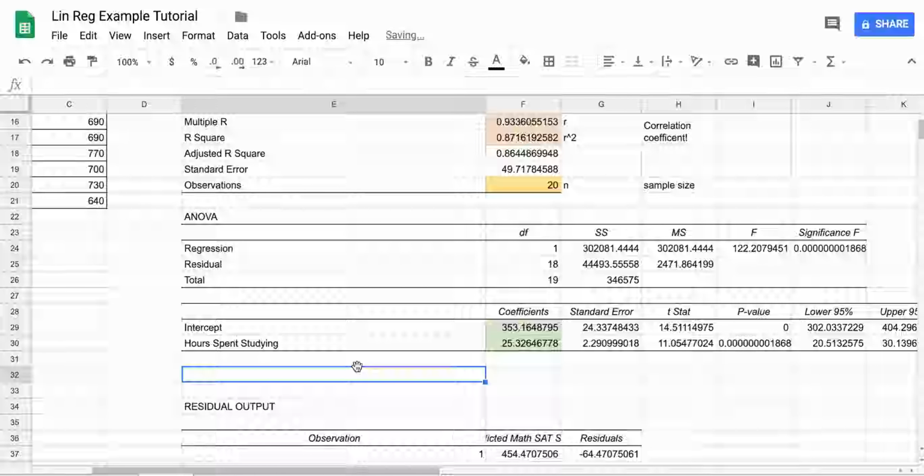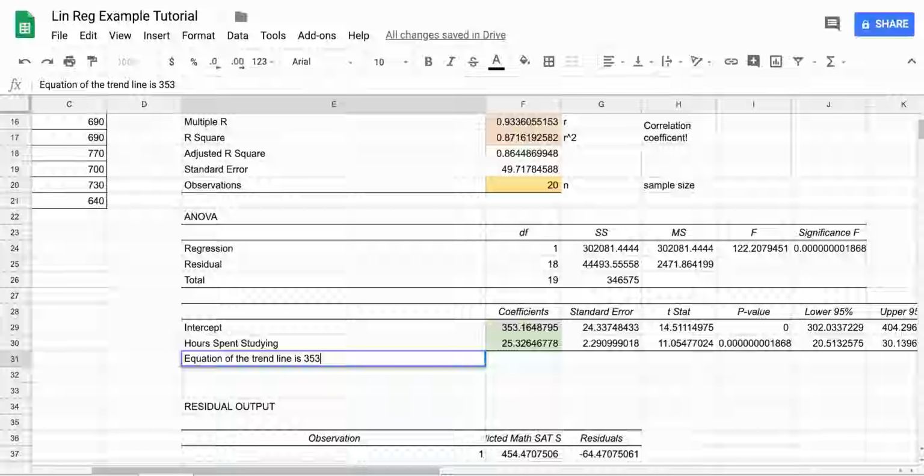equation. So I can tell myself, hey, the equation of the trend line is 353.164875 plus 326.46778 times x.